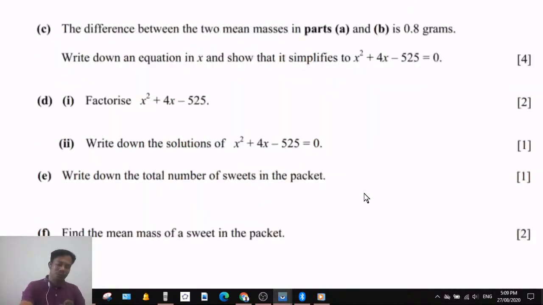Let's move on to letter C. The difference between the two mean masses in parts A and B is 0.8. Write down an equation in x and show that it simplifies to x squared plus 4x minus 525 equals 0. So the mean mass of the toffees is 105 over x plus 4.